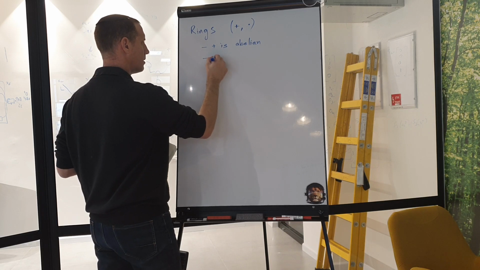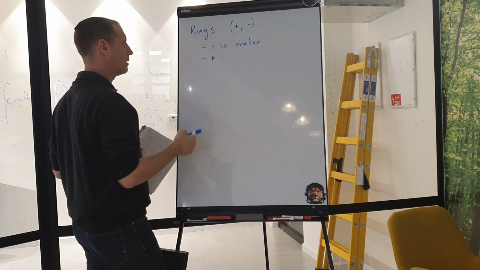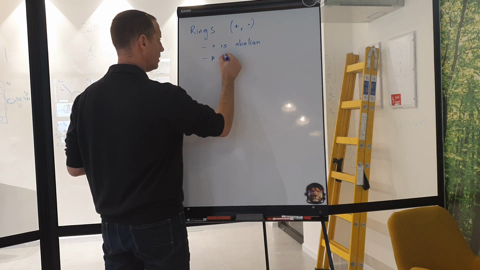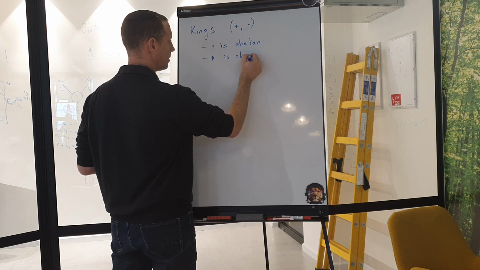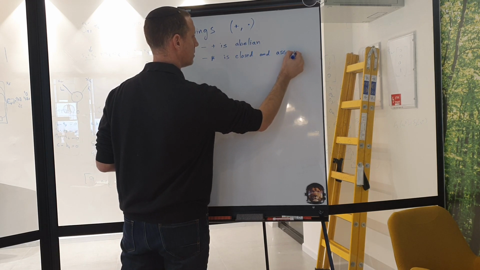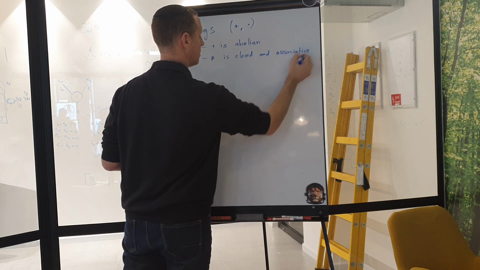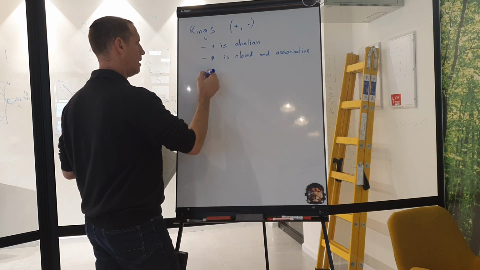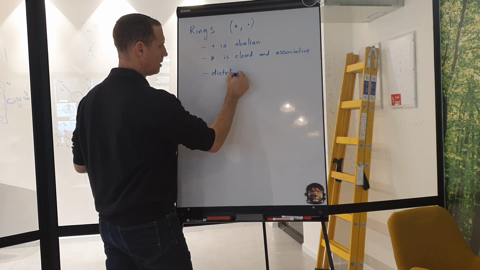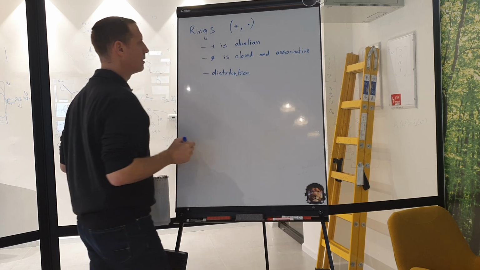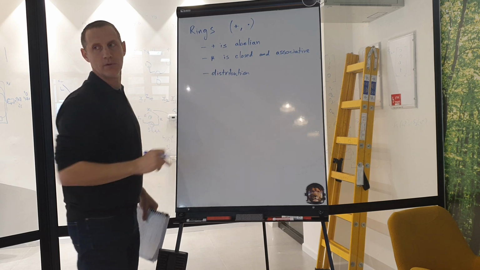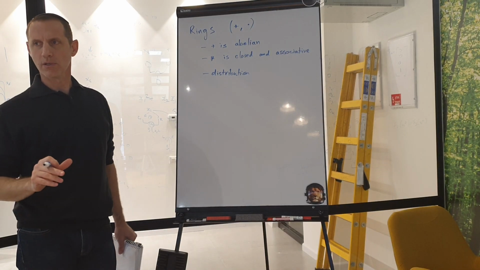We want that the multiplication, I'll just mark it like that because maybe it's easier to see, is closed and associative. Okay. And we would like the distribution, right, which basically means that's the property that we have on both the addition and the multiplication. Okay.